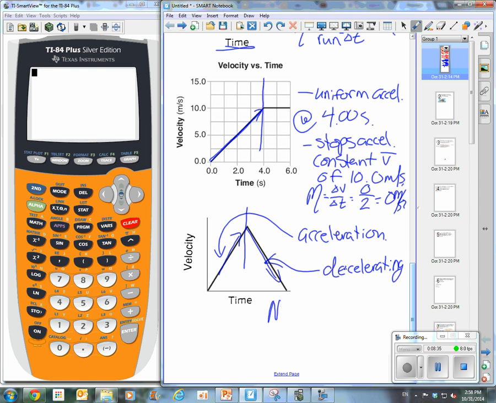Note though, and this is the thing that students get confused quite often, the object is decelerating, but it has not changed directions. So there is no change of direction.